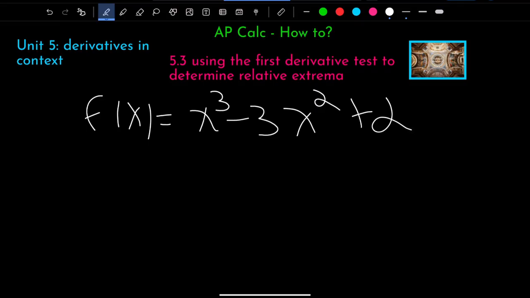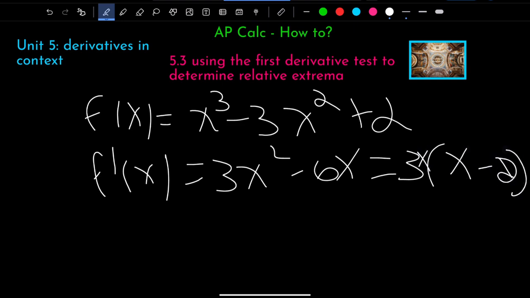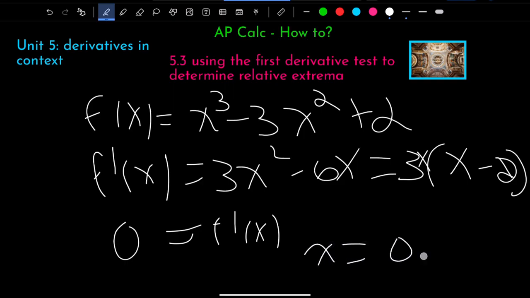First, take the derivative. f prime of x equals 3x squared minus 6x, which equals 3x times x minus 2. When you set this equal to 0, f prime of x equals 0, this is true when x equals 0 and 2.